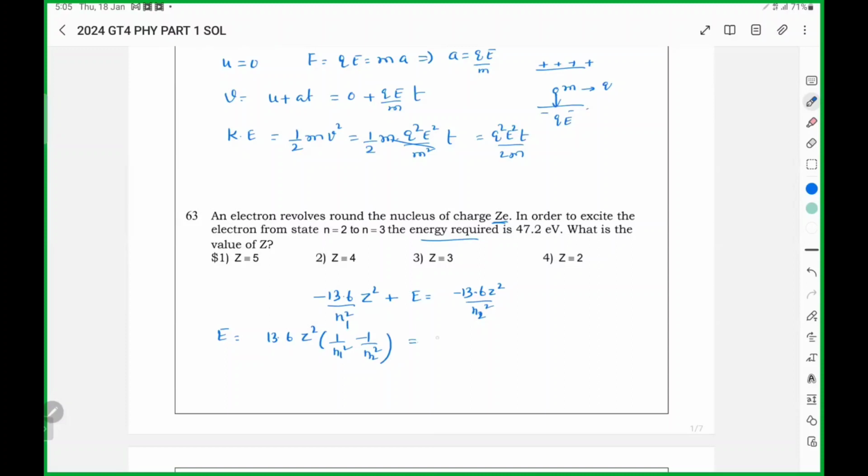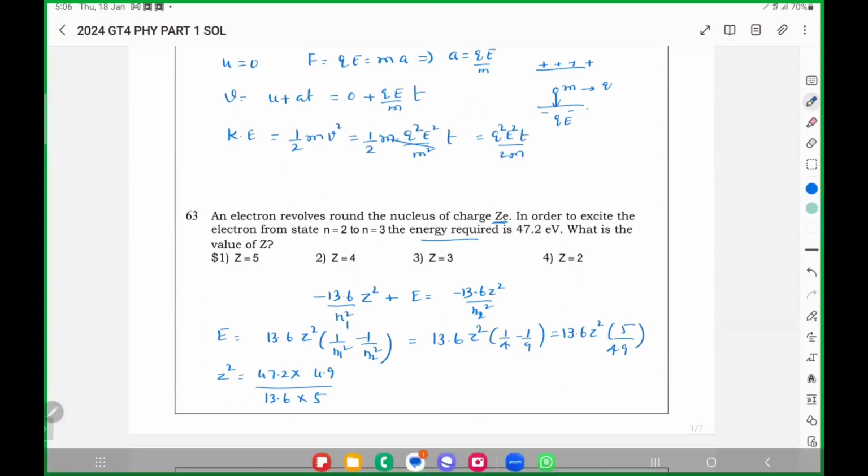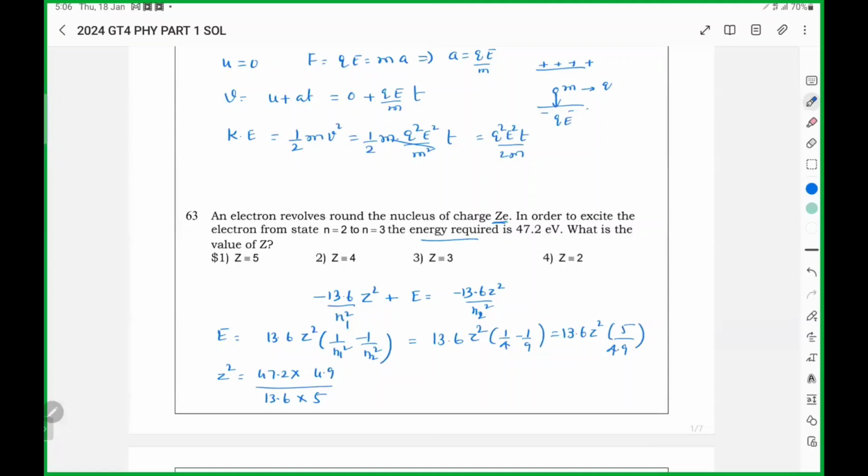Here it is 13.6 into (1 by 4 minus 1 by 25), and Z square is 13.6 times something. He has given 47.2 into 4 into 9, roughly. So it is 13.6, how many times 13?